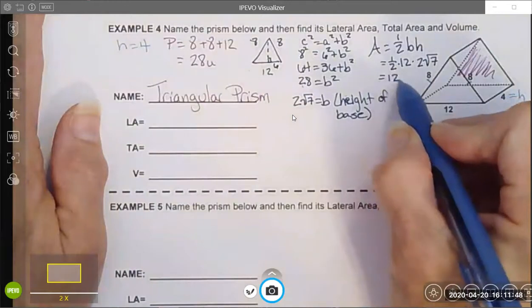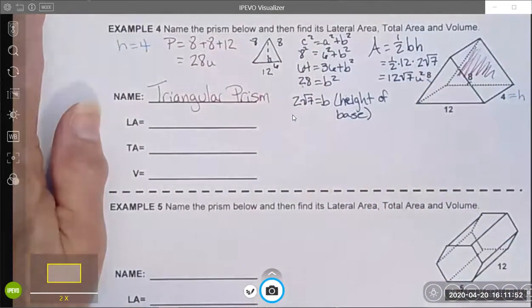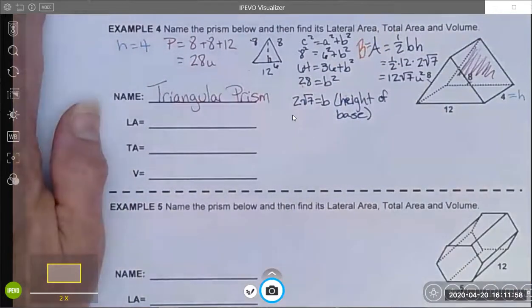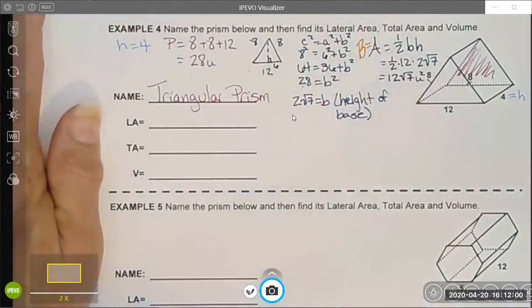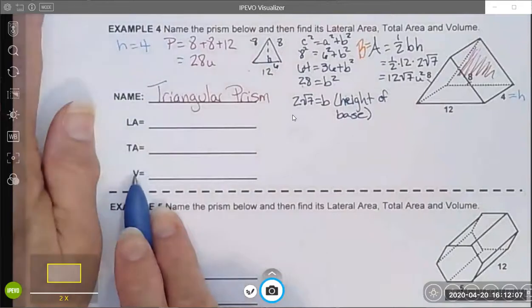So the area of my base ends up being 12 square root 7 units squared. I can label that as my capital B. That is the area of my base. I now have enough information to calculate the lateral area, total area, and volume.